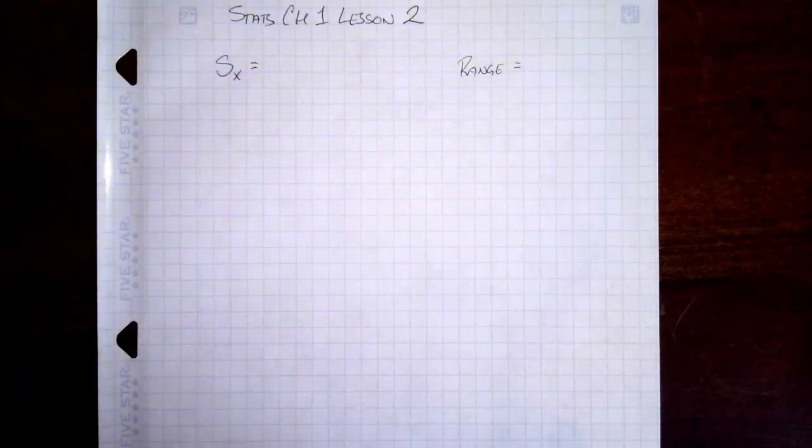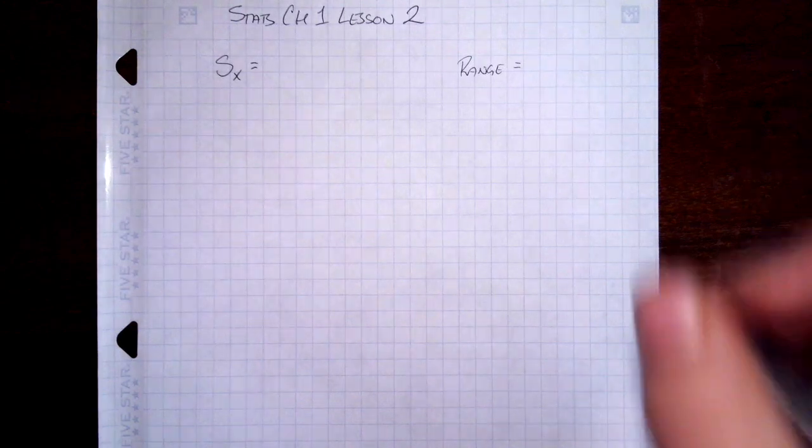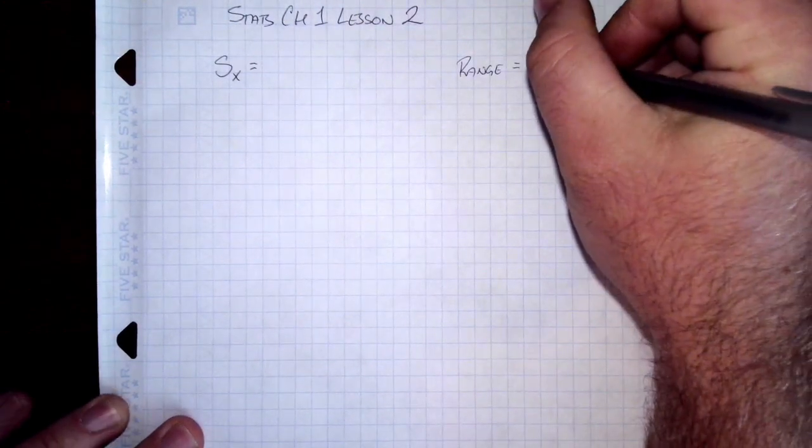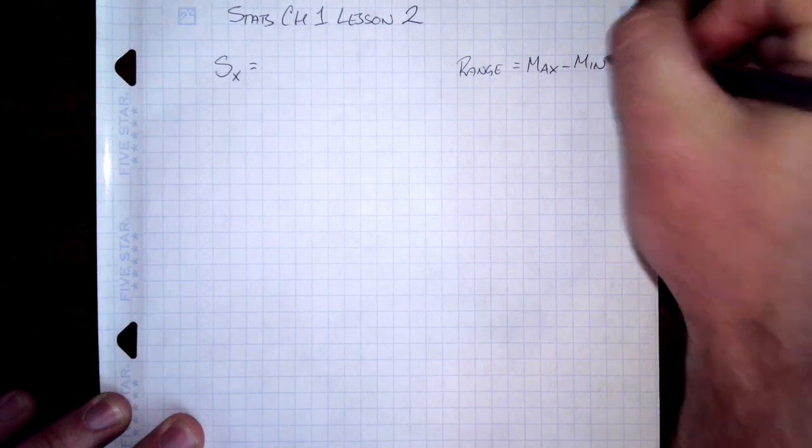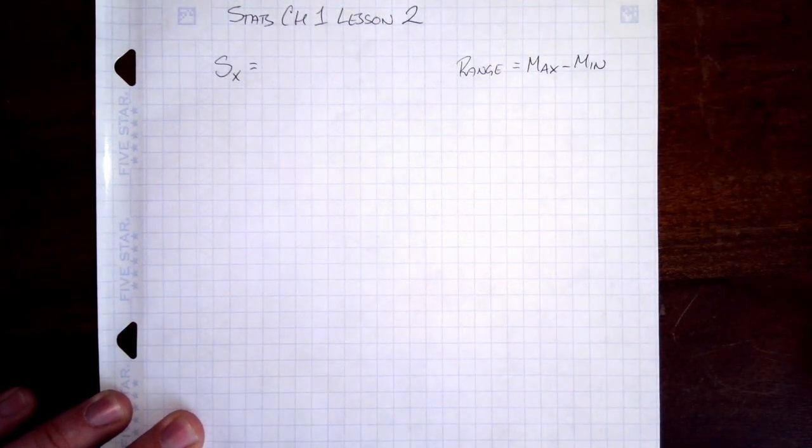So, things that we need to know. We need to find the standard deviation and the range, so adding to my notes here before I start, the range is always the maximum value minus the minimum value. The highest minus the lowest. We can find those relatively quickly. The standard deviation is a little bit of a process.